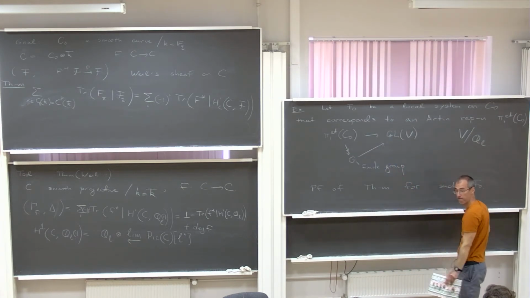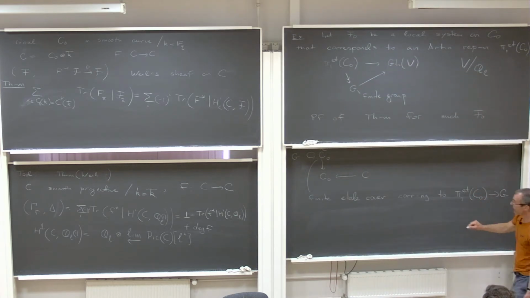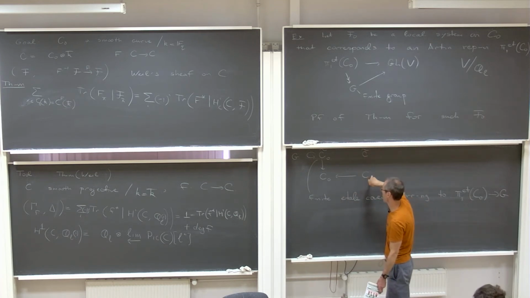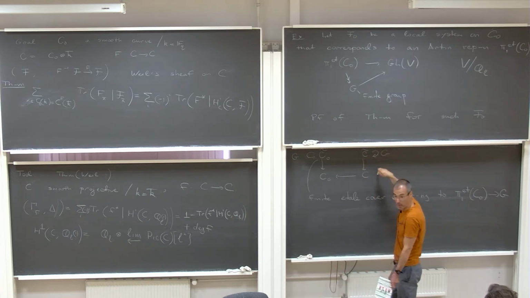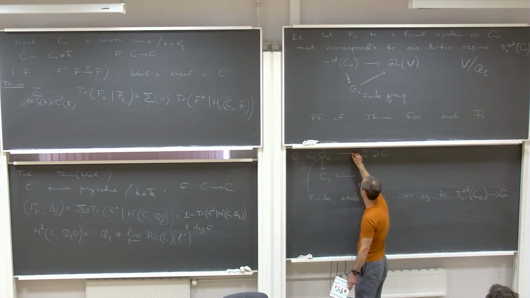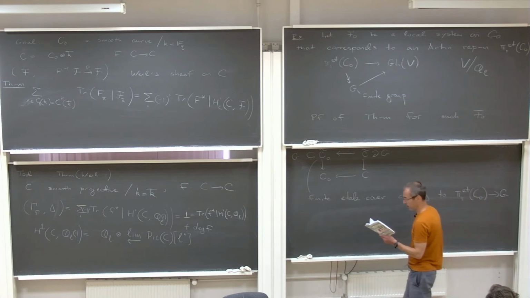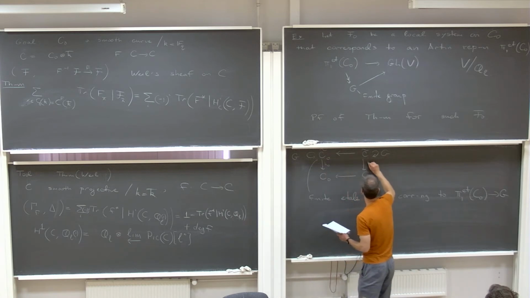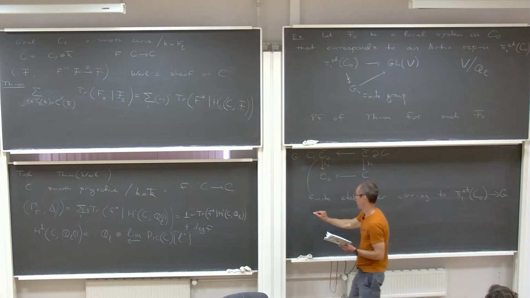I fix G, and then I get a finite étale cover. Here I have the base change, this is base change to K bar, and this is also a finite étale cover, which could be, however, disconnected. I give some names to these maps: let's call it H0, and this is H. So now, lemma.